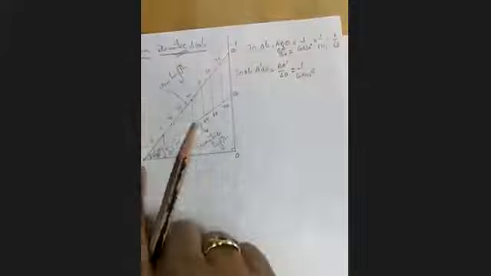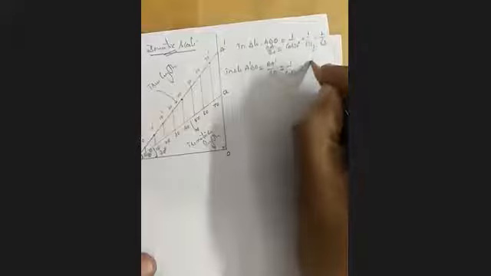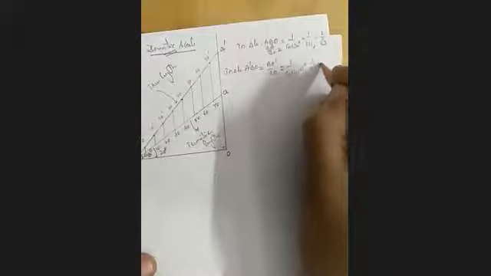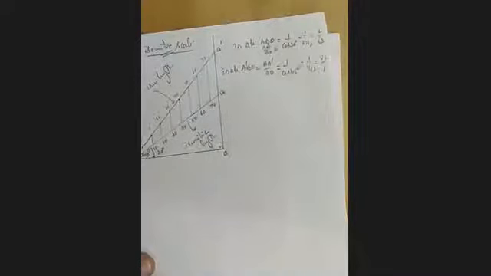What is the value? 1 by cos 45 degrees. A dash BO, how much angle? 45 degrees. What is the value? 1 by root 2. Can I write root 2 by 1?